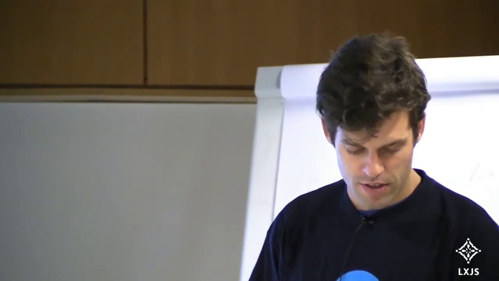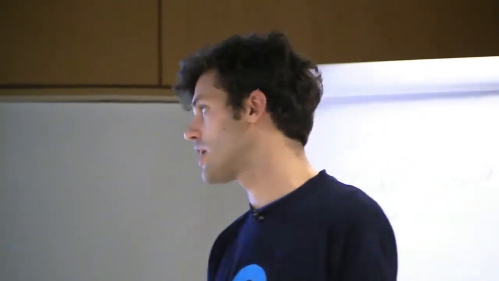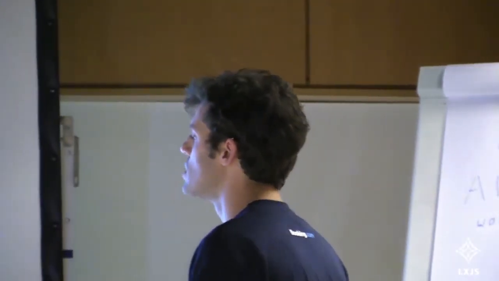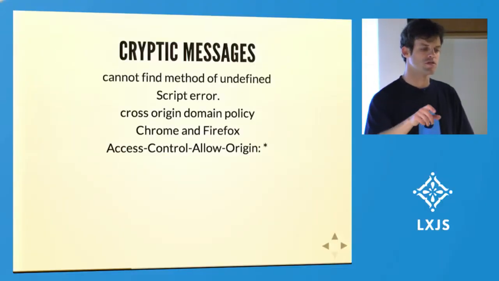So this is what I was talking about for Chrome and Firefox. And the way you can change this is to actually set up the Access-Control-Allow-Origin asterisk or the domain from where you want to serve.